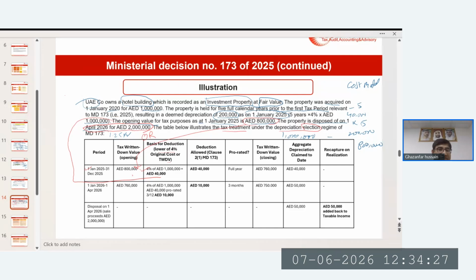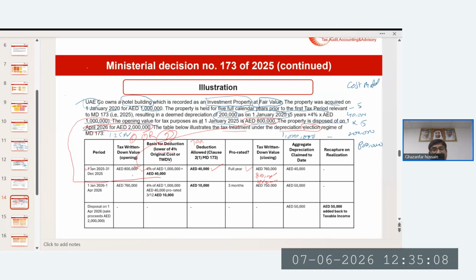Here is the 'or'. This is the first, this is the second, and normally the 4% of the original cost will be taken. So now, as per Ministerial Decision 173, we deducted this tax depreciation, prorated full year, because 2025 is a complete year. This is the full tax written down value. We subtract, then the balance value: 800 minus 40,000.